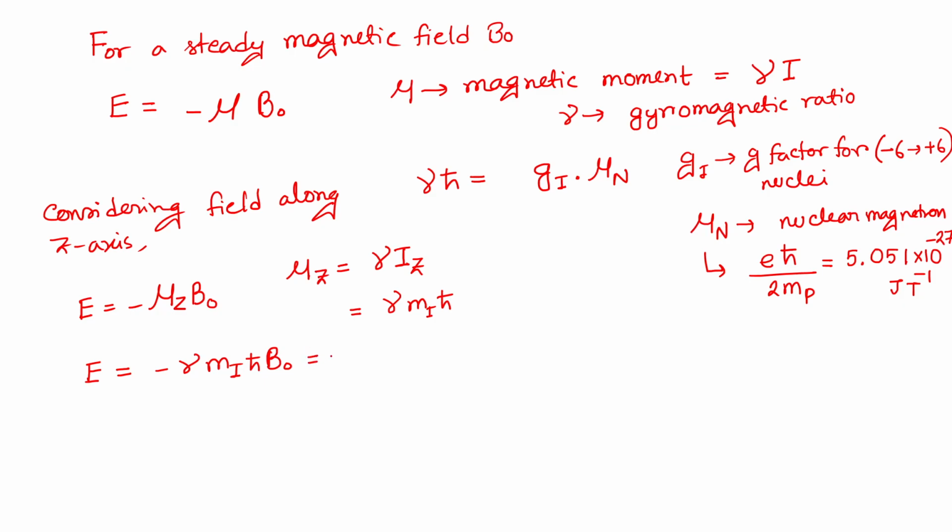You can even write it in terms of the G factor, that is minus Gi mu n mi B0. So that is your energy for the different spin states.